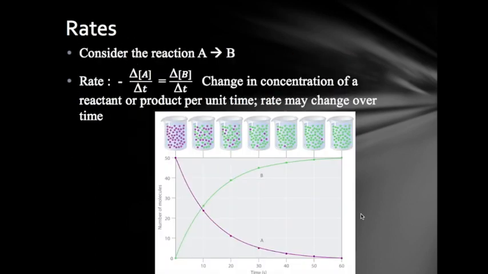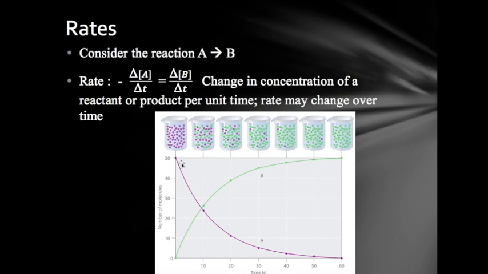Let's talk about graphs. Let's consider this simple reaction, substance A being converted to substance B through a chemical process. We can create a graph of the number of molecules, which would be proportional to the concentration of that substance as time goes on, versus time. That's what this graph here is doing.